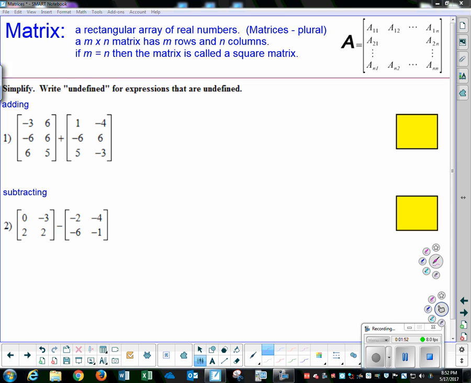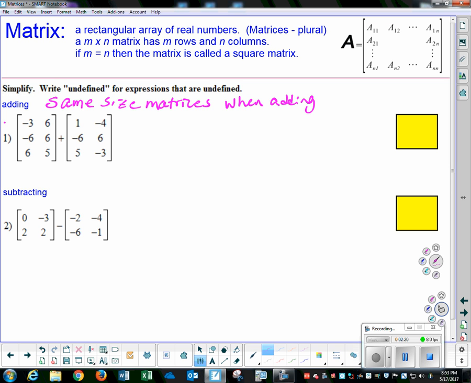All right, let's work on adding two matrices together. And you can get undefined. So in order to add, you have to have the same size matrix or matrices when adding. And that is because we're going to add like positions together.